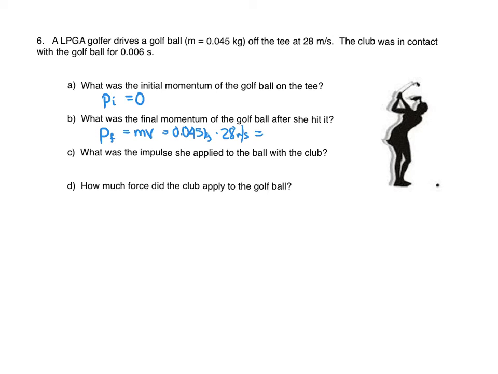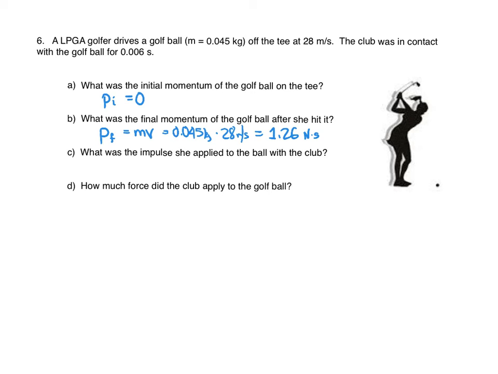So let's get that calculator going again. 0.045 times 28. I've got 1.26 units of impulse, which we're taking as newton seconds. Oh, I'm sorry, that's going to be the impulse, right?